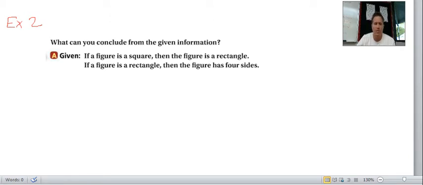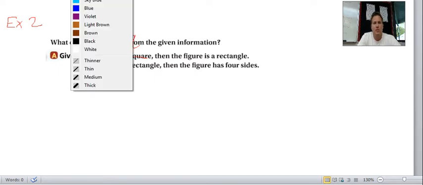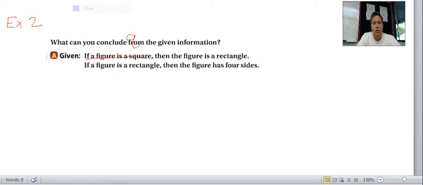Alright, so what I like to do with this is underline and label. So if a figure is a square, this is going to be my P, my hypothesis, then the figure is a rectangle. Let's do blue. Then the figure is a rectangle.